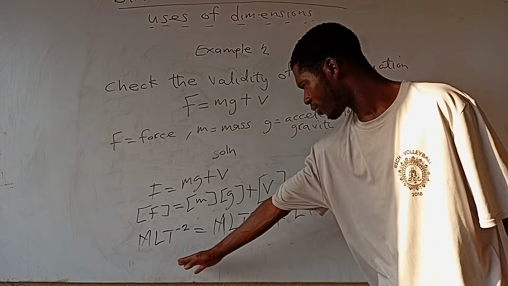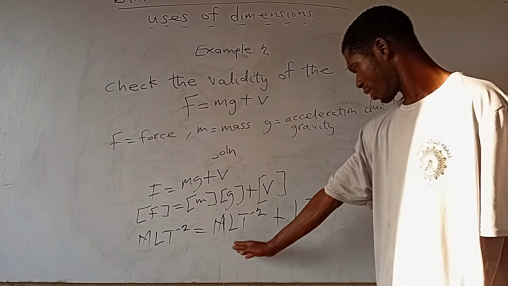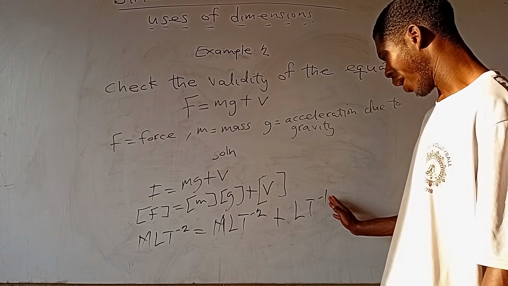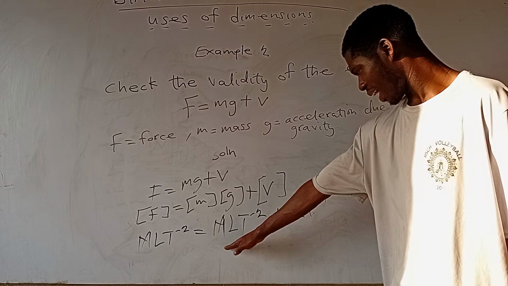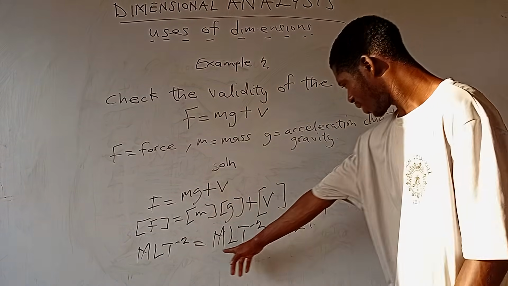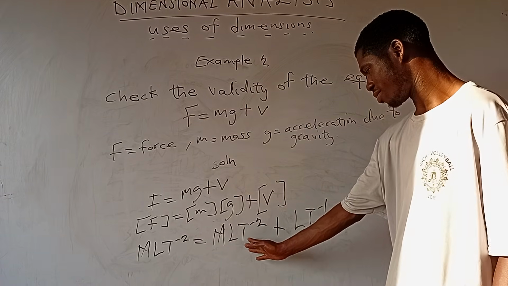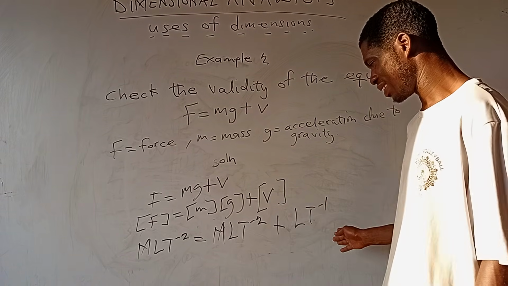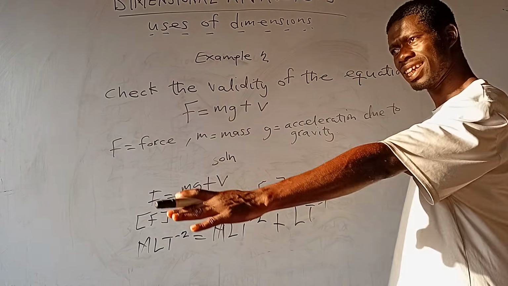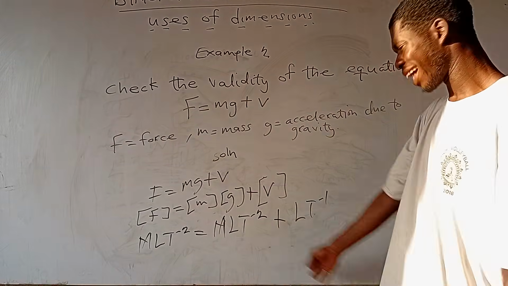You have MLT^-2 here, and MLT^-2 plus LT^-1 there. You cannot even add them because they are different. So the equation at the left hand side is different from the equation at the right hand side.